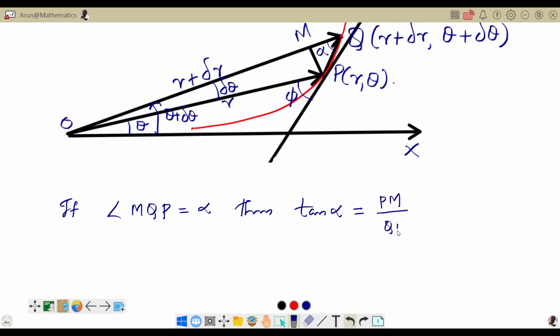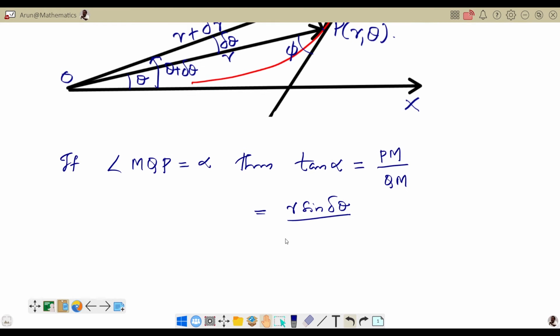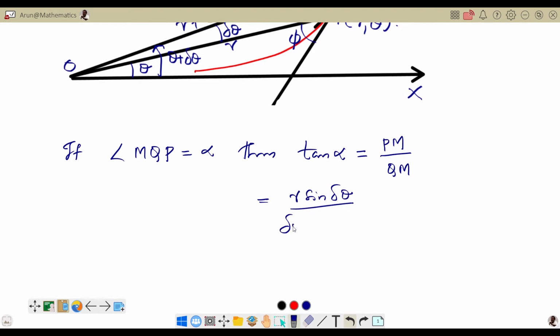PM is r sine delta theta divided by QM, which is delta r plus 2r sine square delta theta by 2.